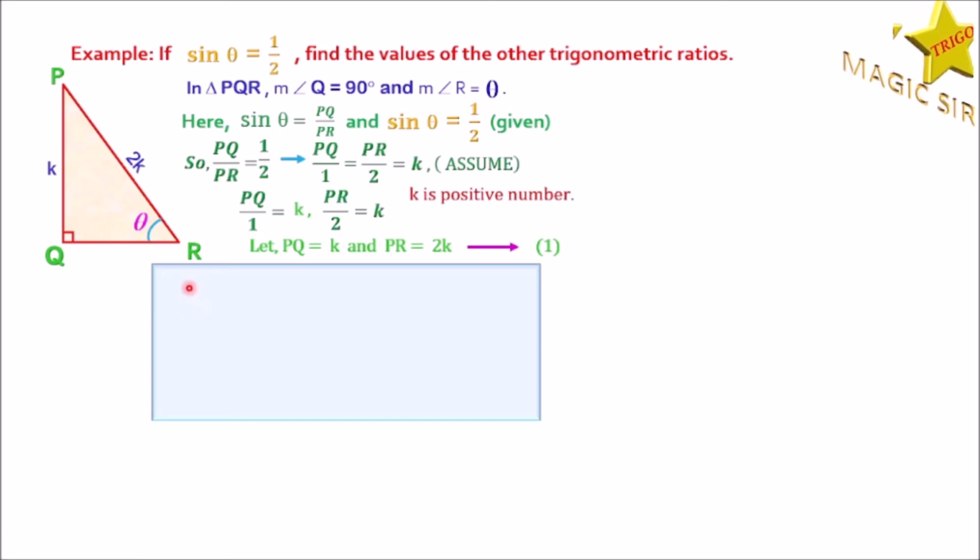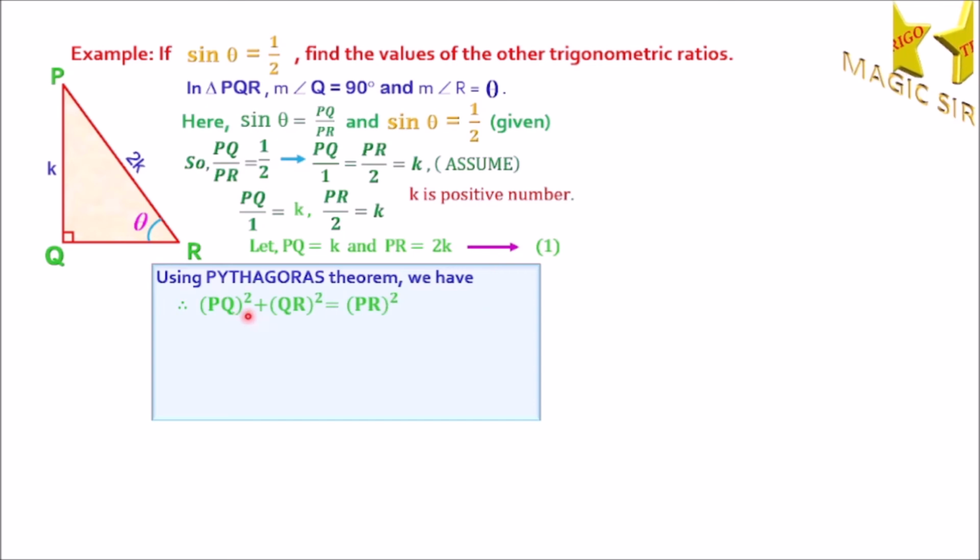We have PQ square plus QR square is equal to PR square. We have PQ equal to K and PR is equal to 2K.